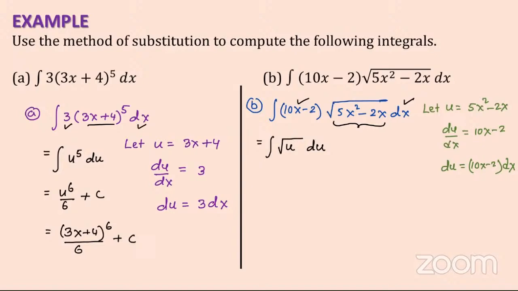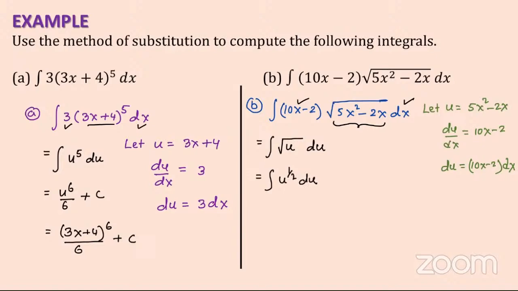So you can see, when you look at the question, it was a complex problem there, right? A long expression there. But after we perform the u substitution, you can see this is reduced to a very simple problem there. Square root of u is the same as u to the half. So I can rewrite that as the integration of u to the half with respect to u.